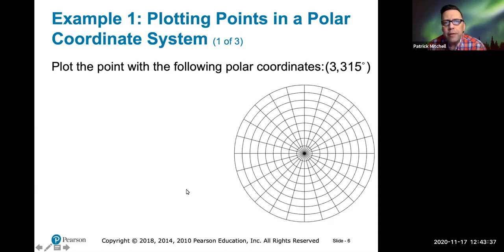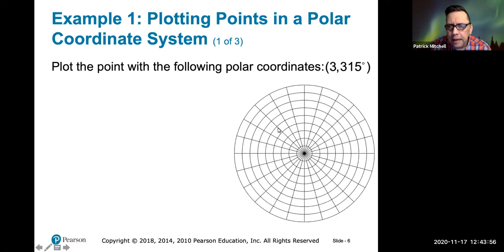All right, so for example, let's plot the point with the polar coordinates 3, 315 degrees. So let me see, I was thinking about how I was going to draw things for you. Let's try this.